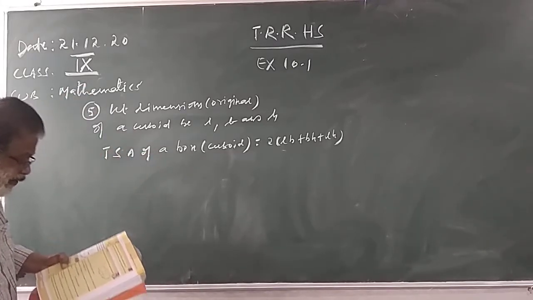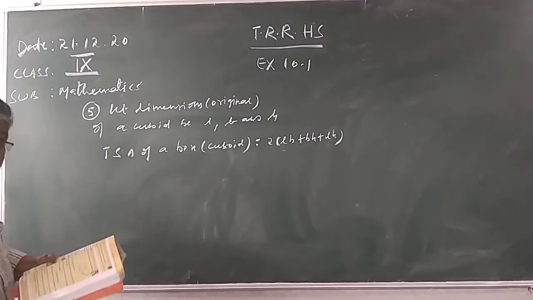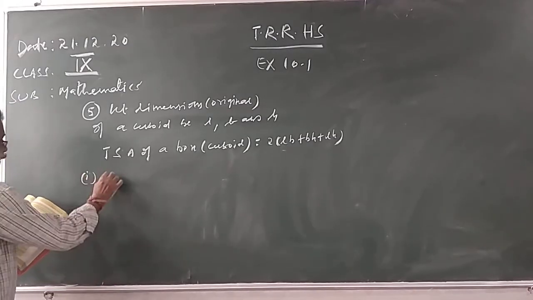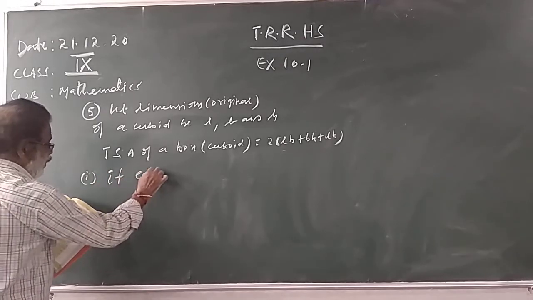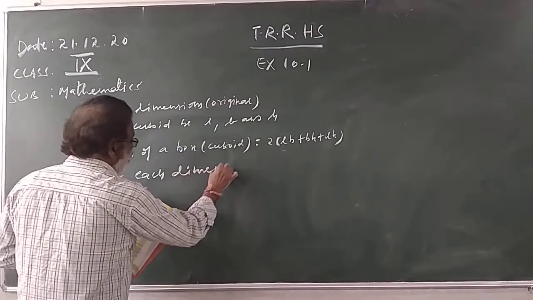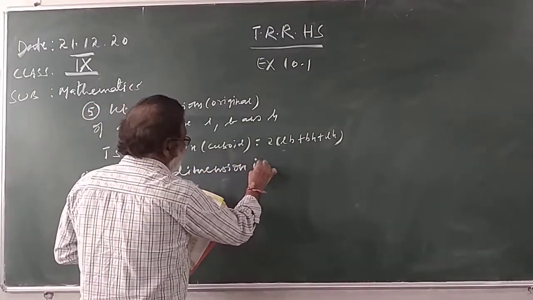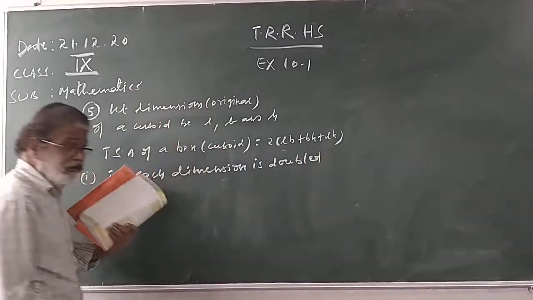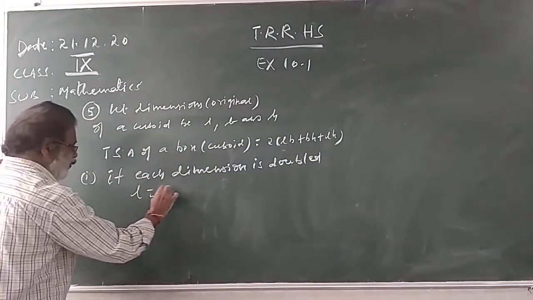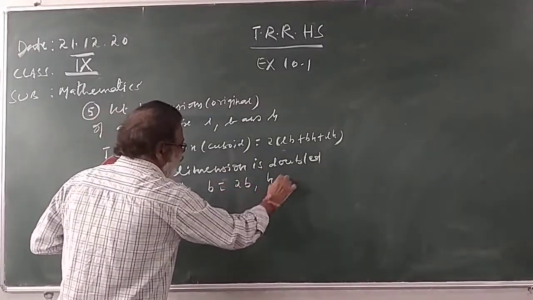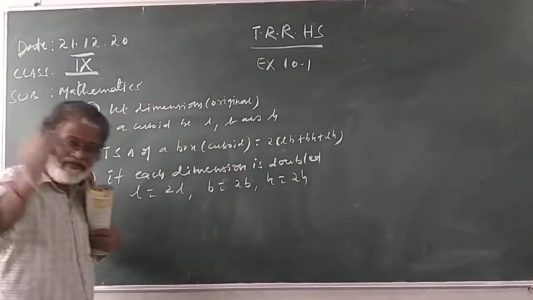Here, if each dimension is doubled, how does the total surface area change? If each dimension is doubled, so L becomes 2L, B becomes 2B, H becomes 2H.